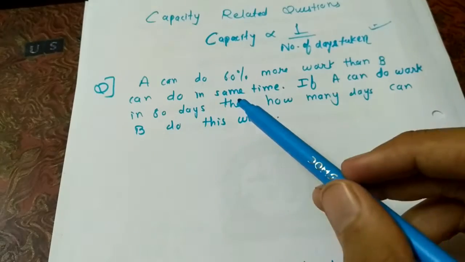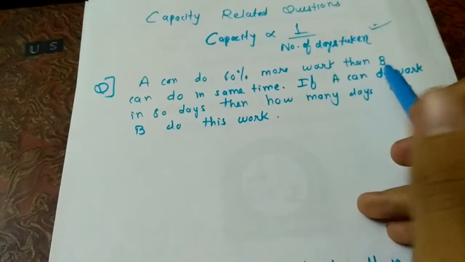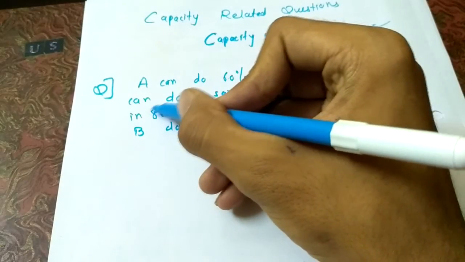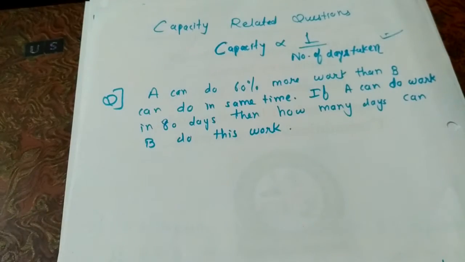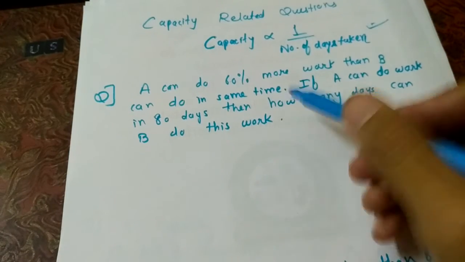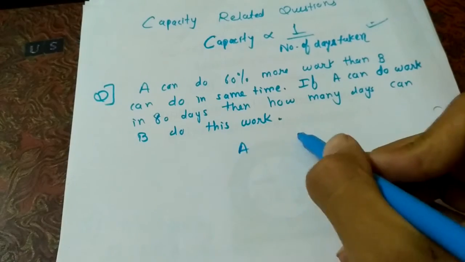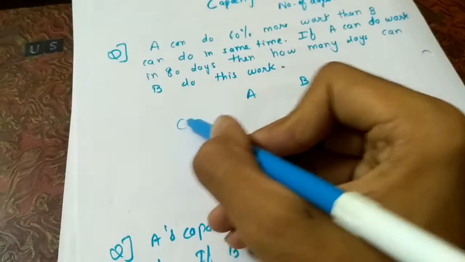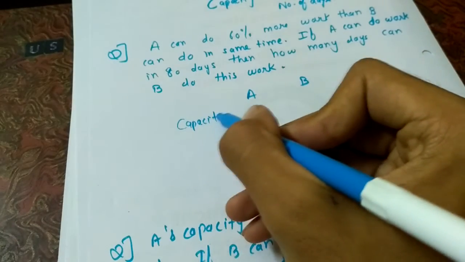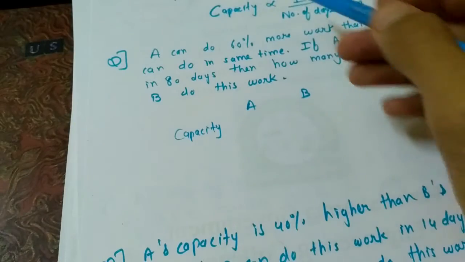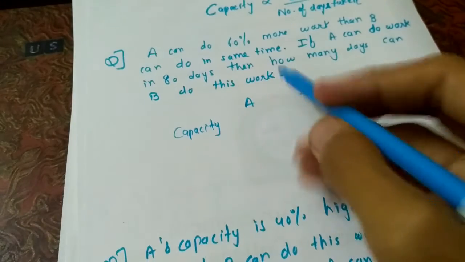If A can do the work in 80 days, then how many days can B do this work? So how to proceed? We will write capacity, and from that we will derive days as per this relation, that these are inversely proportional.